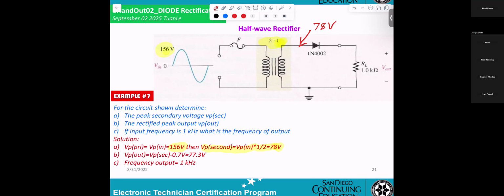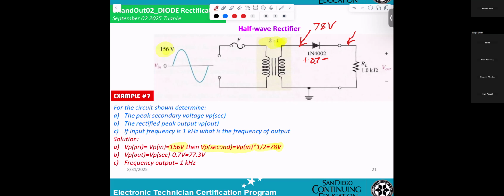The rectified peak output VP. Now they really want to know what we have here. So the diode will be on, so the output has to subtract 0.7.